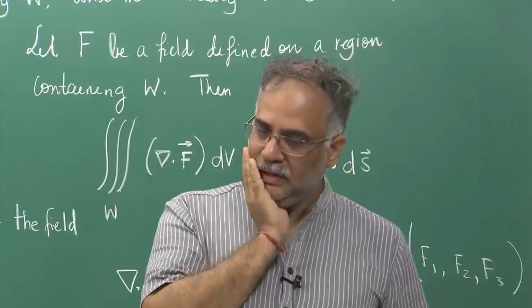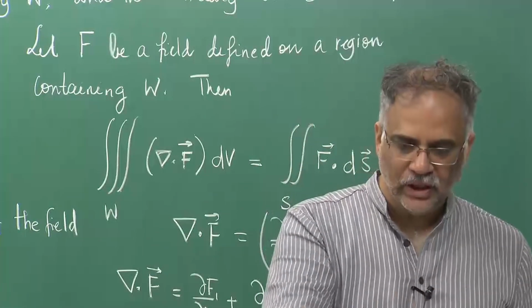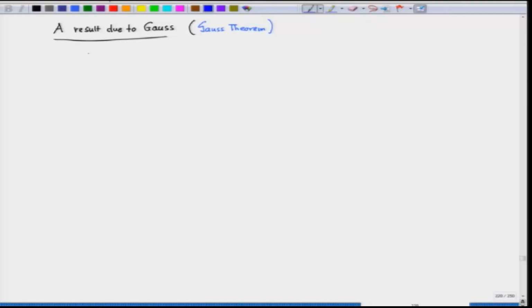Now, let me look at this problem. The problem says that suppose there is a spherical body. So, here I have the coordinates, and there is a spherical body outside the coordinates.